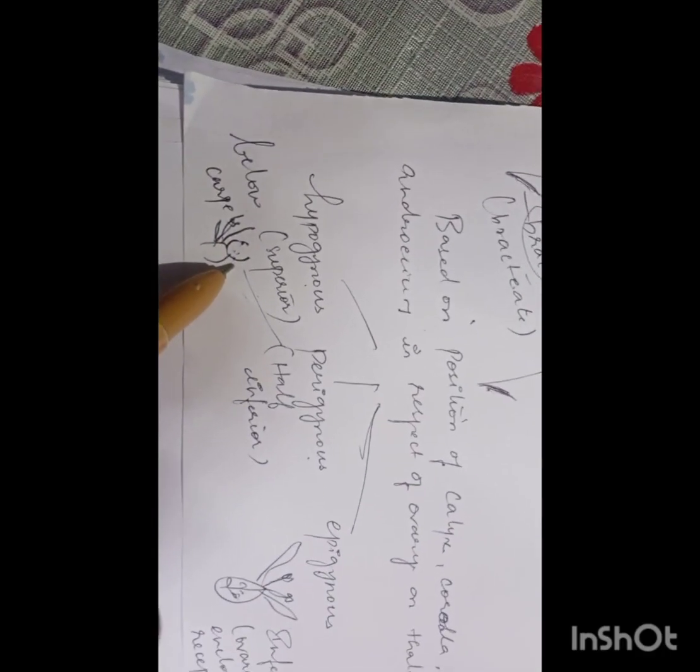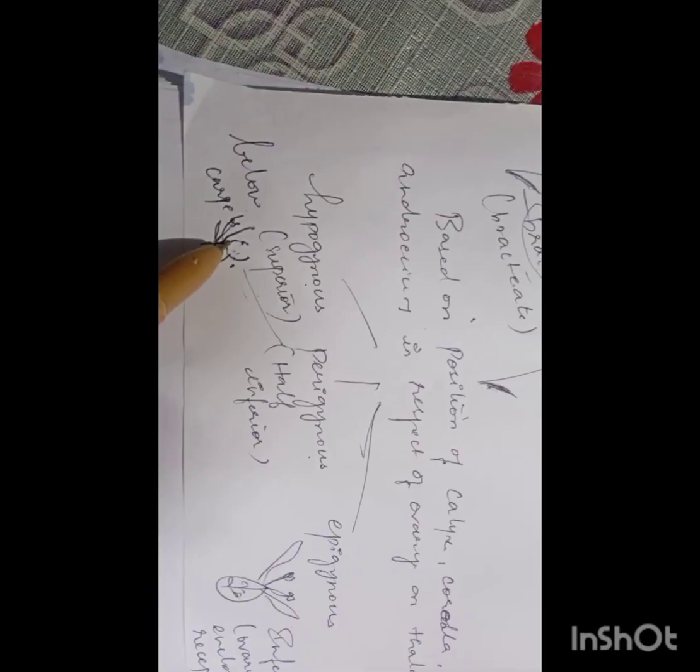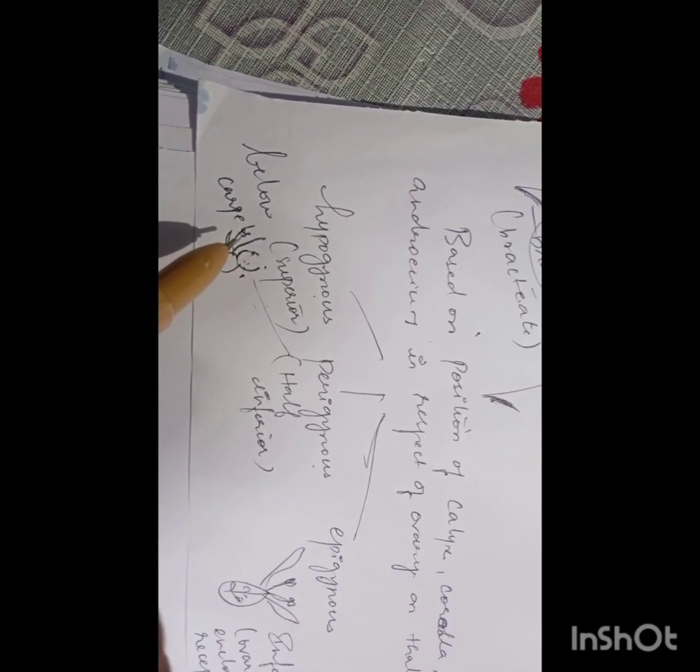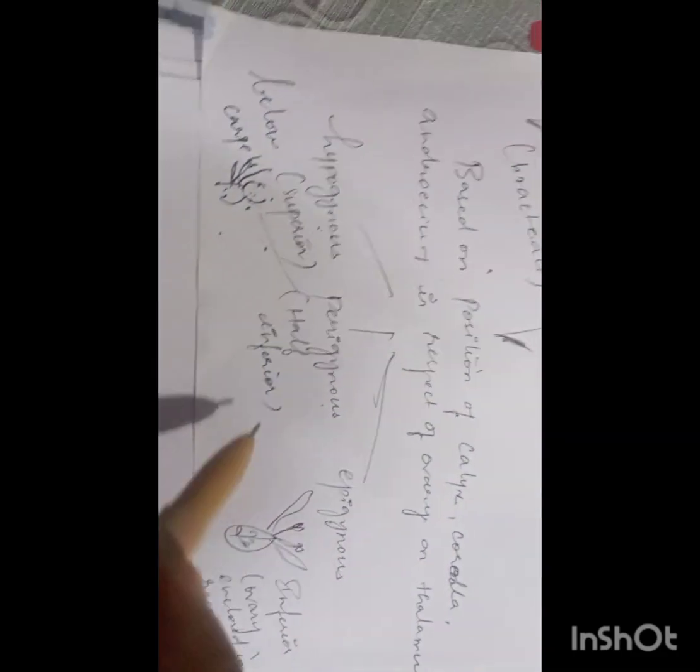So if the ovary is on top and other layers like stamens, calyx, corolla are at the bottom, this kind of arrangement is known as hypogynous. So if the ovary is superior, if the ovary is on top, that is superior or hypogynous.